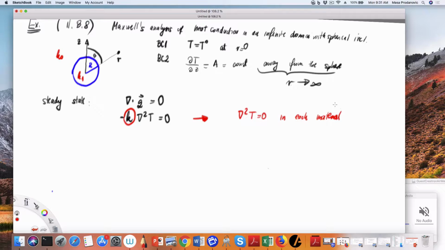So it looks simple. Let's get at it. This is the Laplacian in spherical coordinates, right? So mental note: go to the appendix and look up the Laplacian in spherical coordinates. It's not your T_xx plus T_yy plus T_zz, none of that.